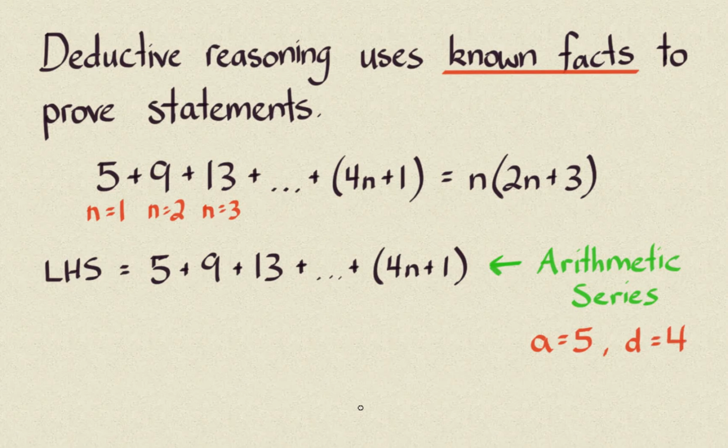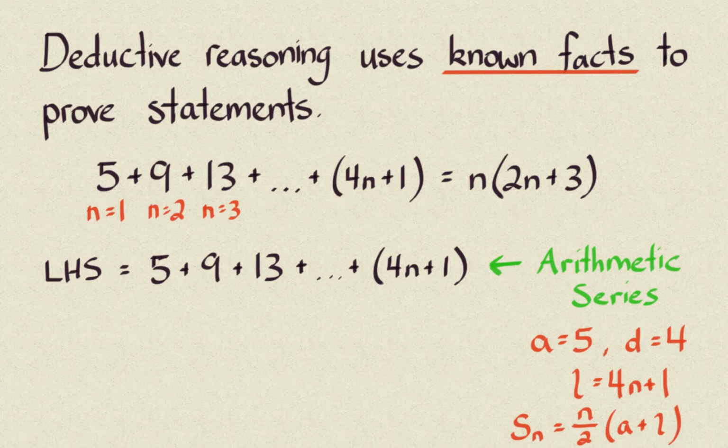The last term is the nth term, and here it's been given as 4n plus 1. Using this information, we have what is a known fact to us, that the sum of an arithmetic series for n terms is n on 2 outside of a, the first term, plus l, the last term.